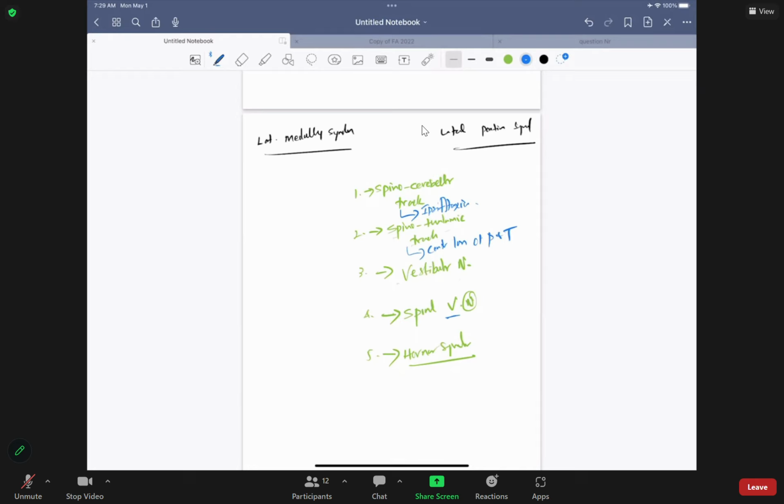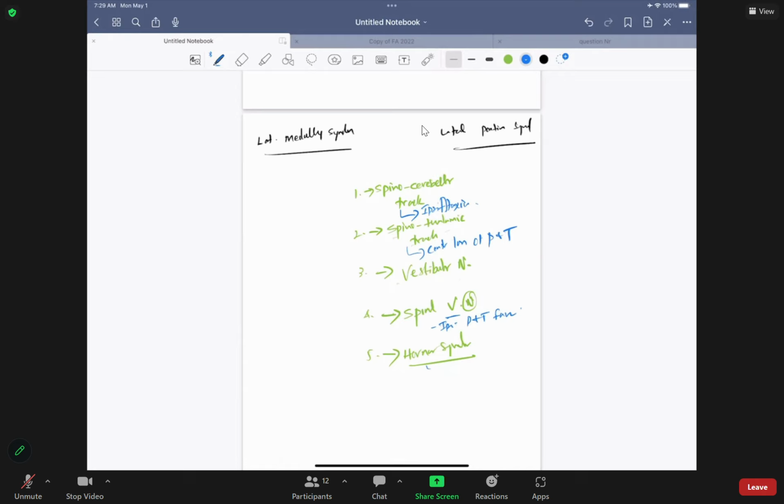So you should know it's ipsilateral pain and temperature loss of the face. So how will this patient come? Let's say I have a right side lesion in my brain, I will lose pain and temperature of the face on the right side, body on the left side. Is that clear, folks? All opposite, okay? All opposite.